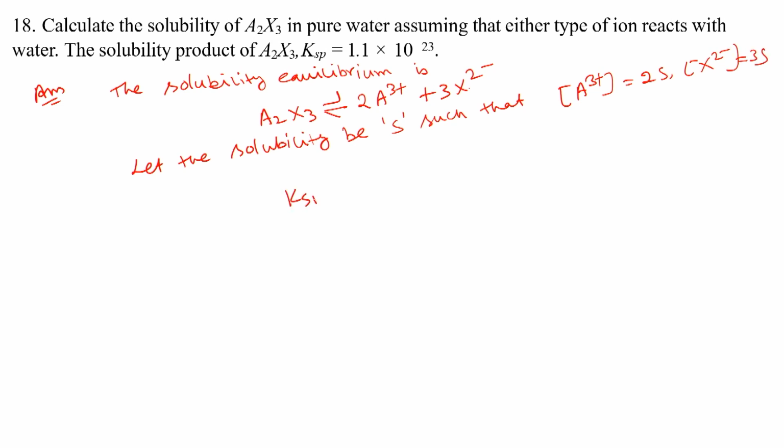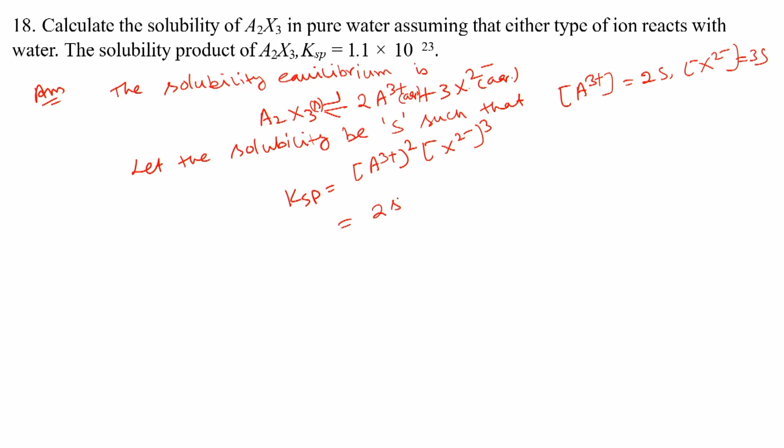So Ksp, since this is solid and these are in aqueous solution, will be the concentration of A3 plus raised to the 2 times the concentration of X2 minus raised to the 3.